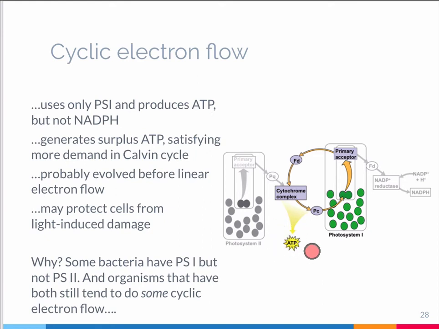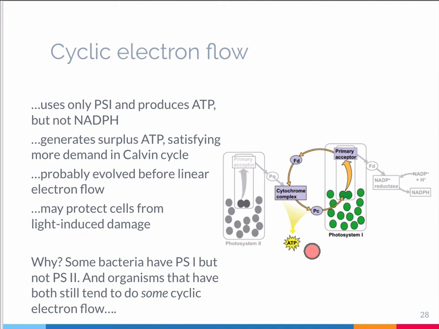So why would we do this? Well, sometimes you just need some ATP, and so this process will satisfy that demand for extra ATP when it's needed. But also, some organisms, like cyanobacteria, that do photosynthesis don't actually have photosystem 2. Remember, we think that photosystem 1 evolved sooner.